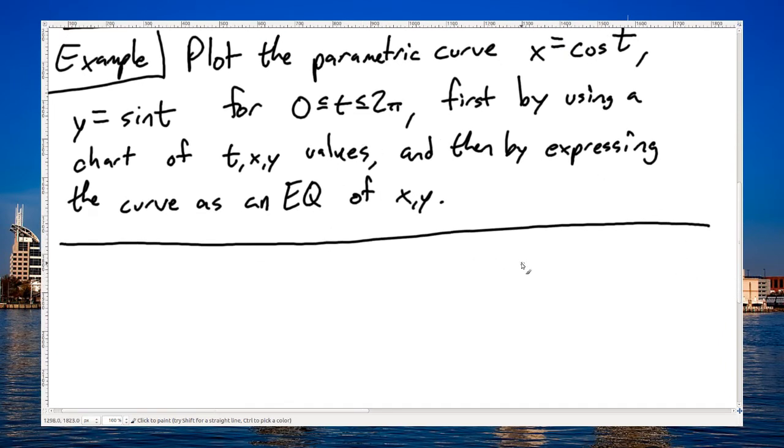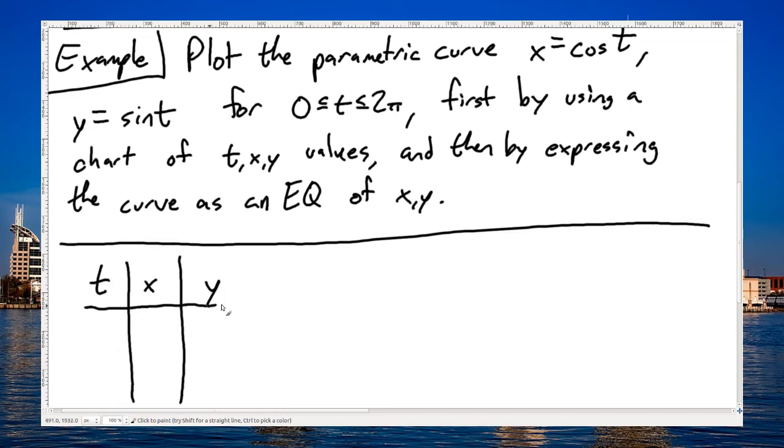So how are we going to proceed here? Well, just like when we're plotting functions, usually the easiest way is just to get a chart of a bunch of x and y values, and here there'll be t, x and y values, and just plot the points and connect the dots. So we'll do that one first. If I don't know anything about these parametric equations, x equals cosine t, y equals sine t, I'll make a chart of t, x, and y values.